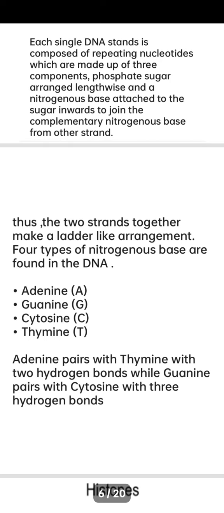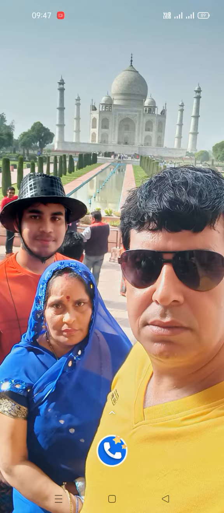Now, adenine and thymine pair with a single hydrogen bond, like this. Guanine and cytosine pair with a triple hydrogen bond, like this.